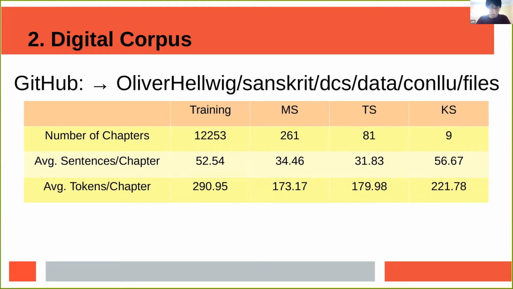And the number of chapters is counted based on the chapter ID in the CoNLL-U files. So I accept the artificial divisions, even though they do not necessarily correspond to the ideal chapter division in terms of parallel passages. So that's the corpus information.